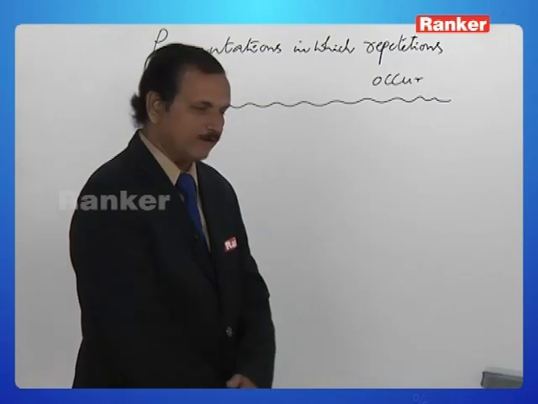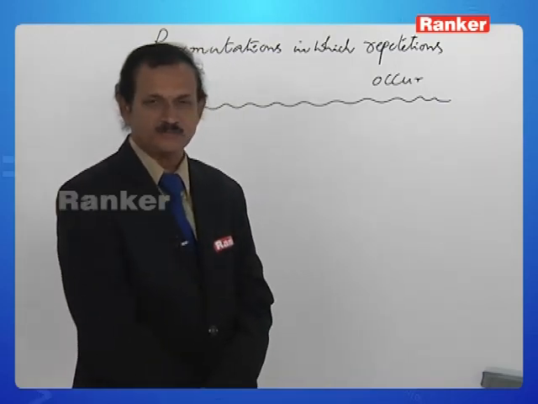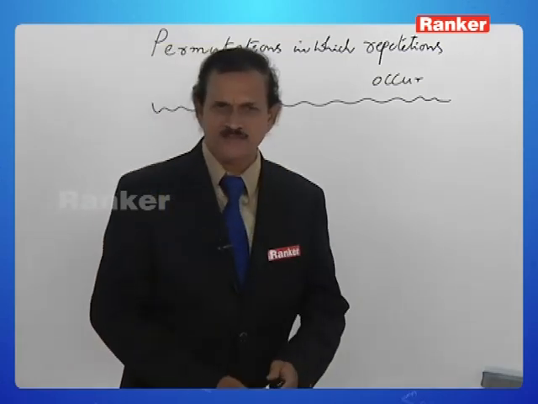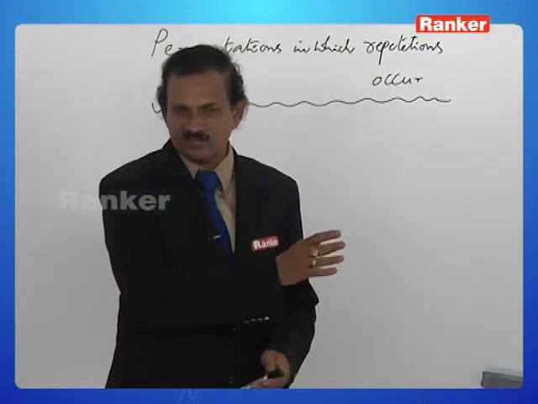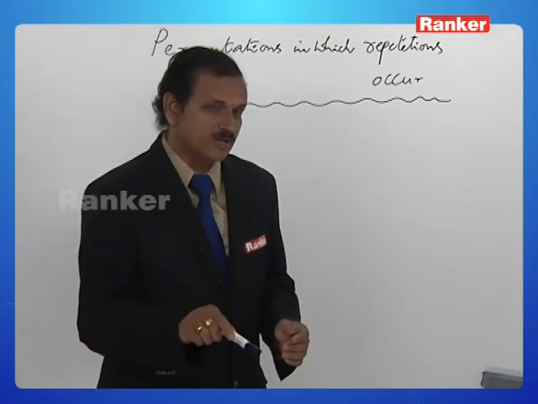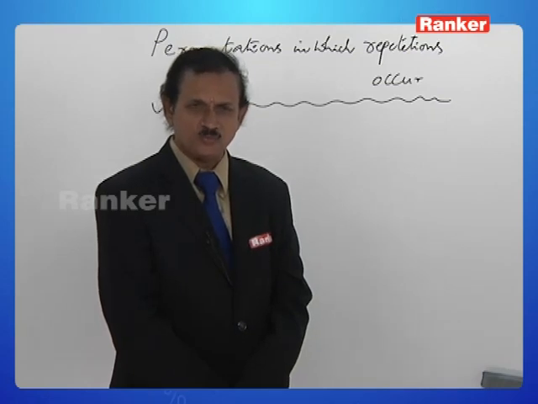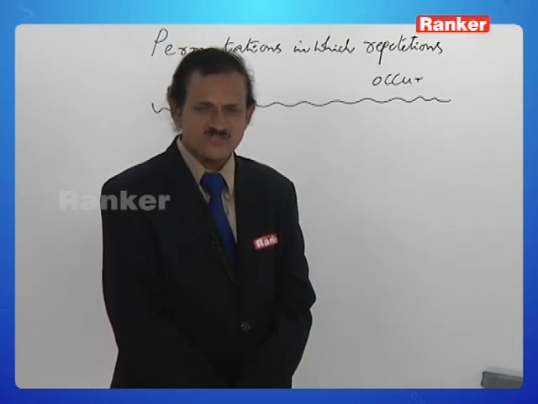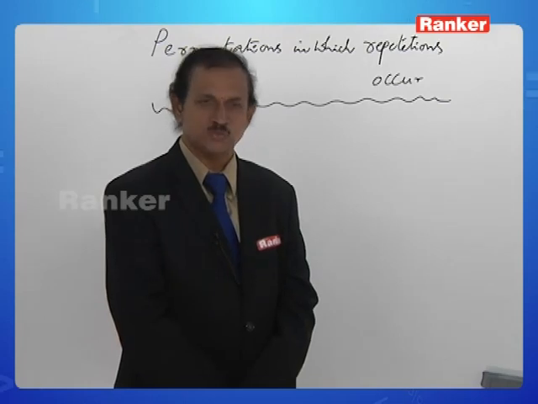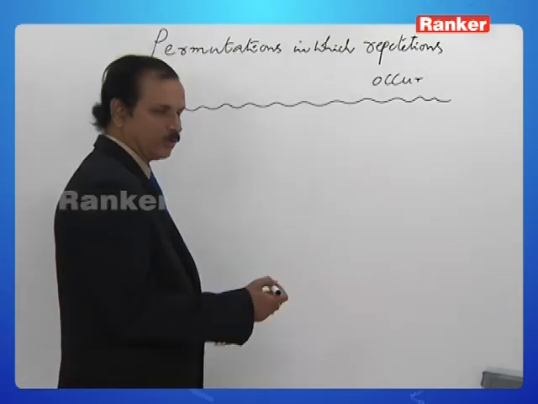Then what should we think for this one? How many sweets are there? 4. How many children are there? 10. What are the things undergoing distribution here? Sweets or children? We are distributing the sweets, not the children. Well, start the explanation with that only.